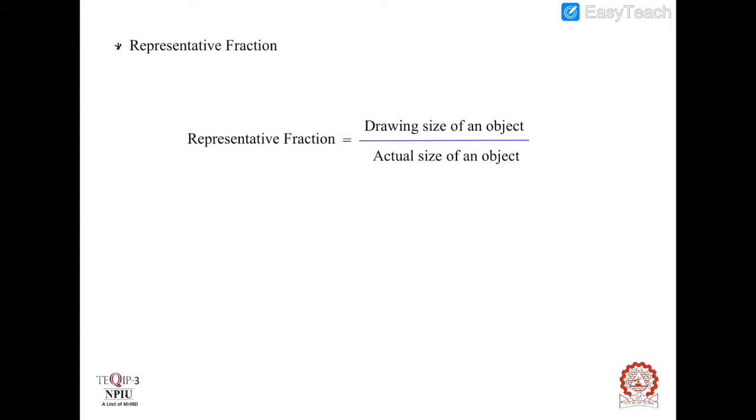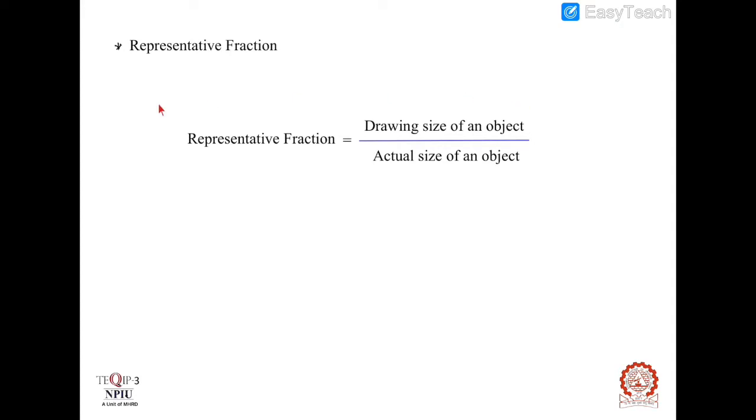Representative fraction. This is the ratio of the dimension of the object shown on the drawing to its actual size. It means whatever size we are using on the drawing of the object divided by the actual size of the object.